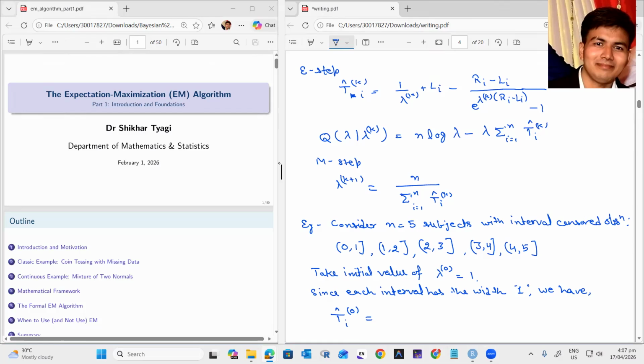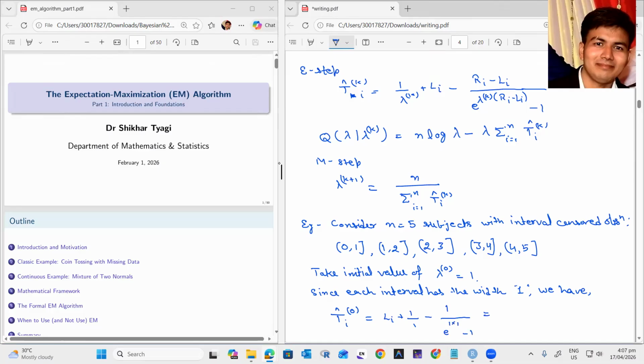It will be Li plus 1 upon lambda naught, which is 1, minus (Ri minus Li), that is the width of the interval, which is 1, divided by e raised to the power 1 times 1 minus 1.